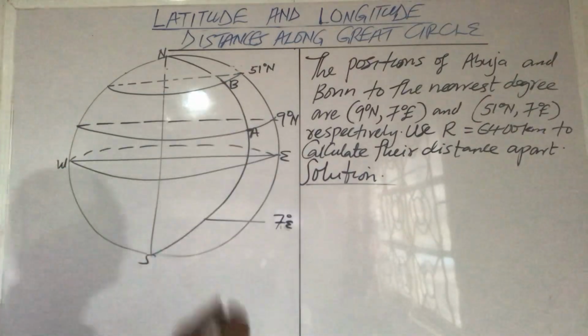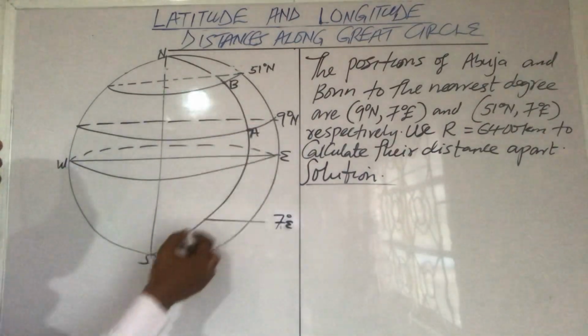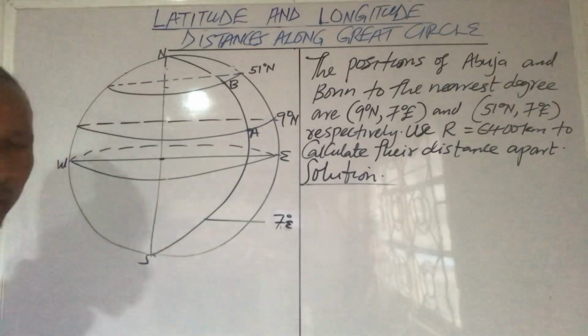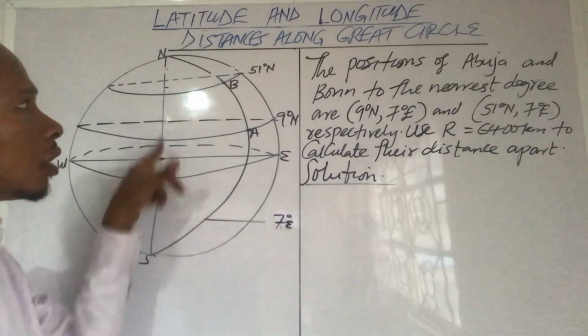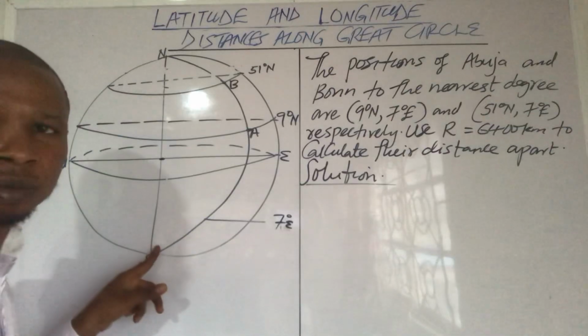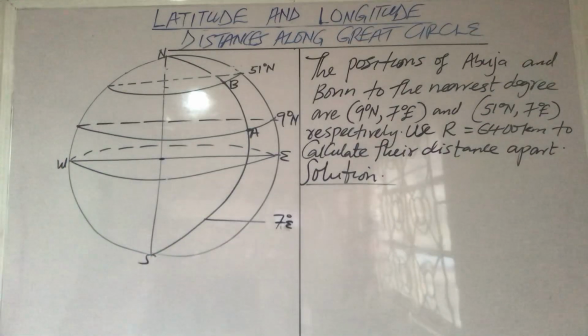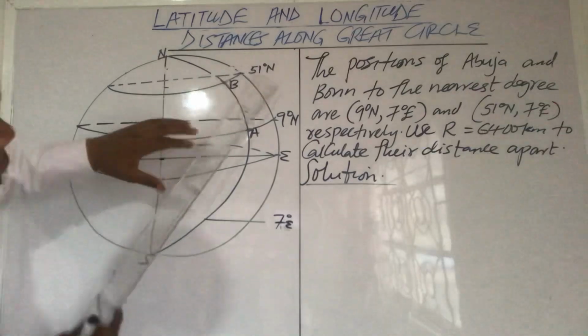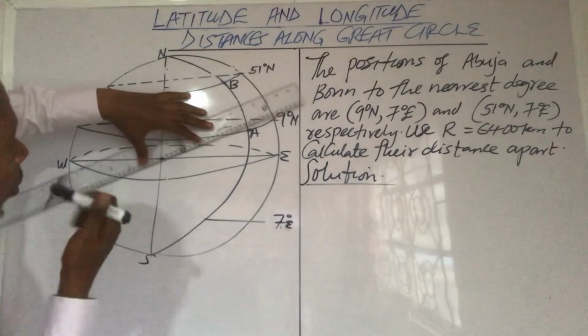Now, since the two places fall on this meridian, on this great circle, I will trace the distance between the two of them to the center of the earth, because they fall on this great circle. So if I trace it to the center of the earth, this is what I'm going to have.